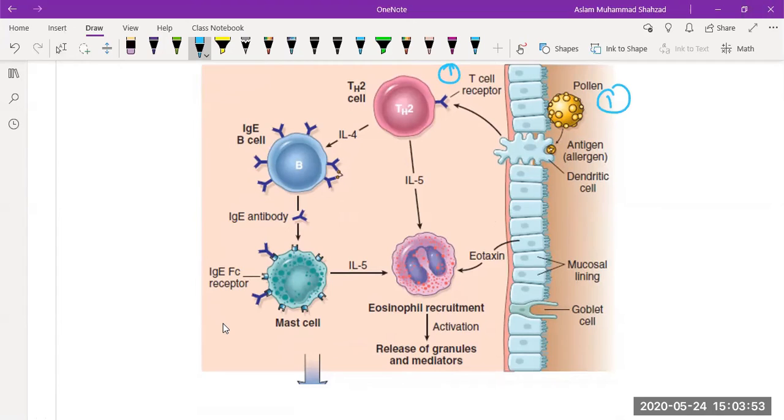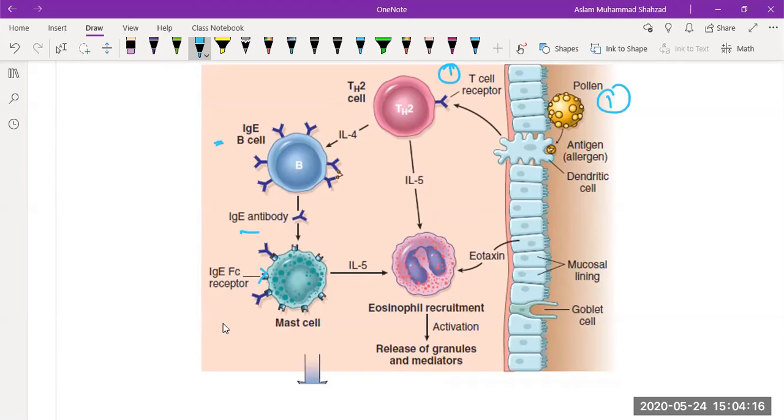And what happens then is they bind with the B cells through IgE, and they are responsible for making IgE mediated antibodies, with the help of the IgE Fc receptor.